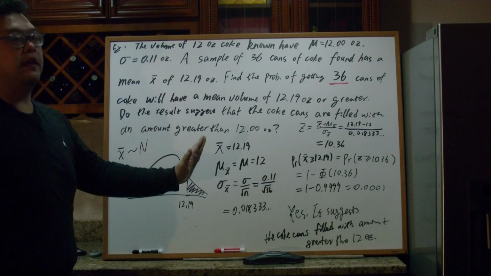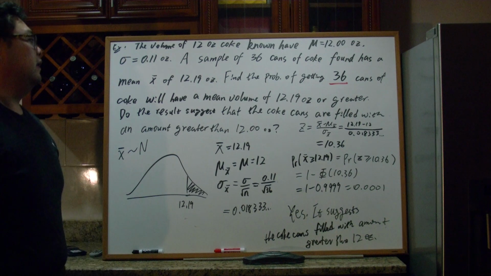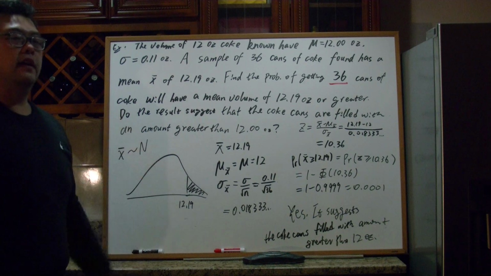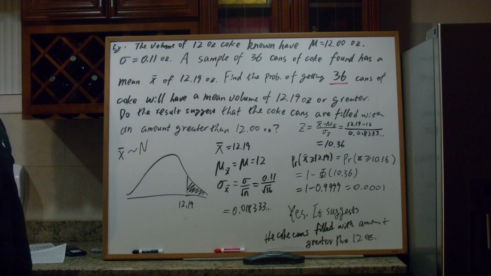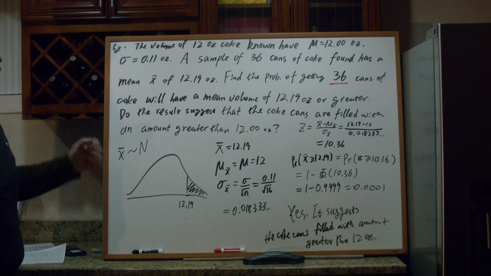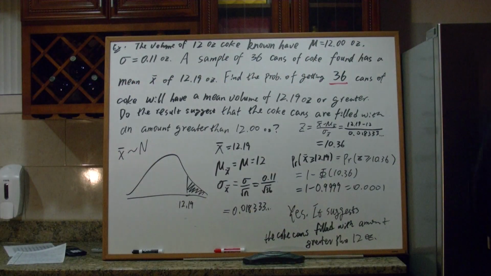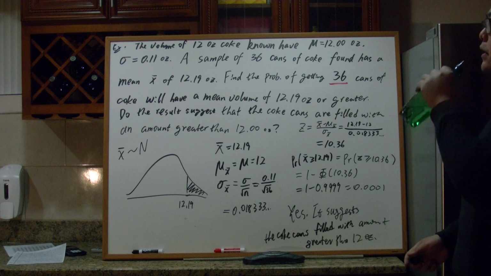It must be bigger than 12 ounces that we are able to get this volume of 12.19 ounces from the 36 cans of Coke. So that is a different way it can be asked for the central limit theorem.